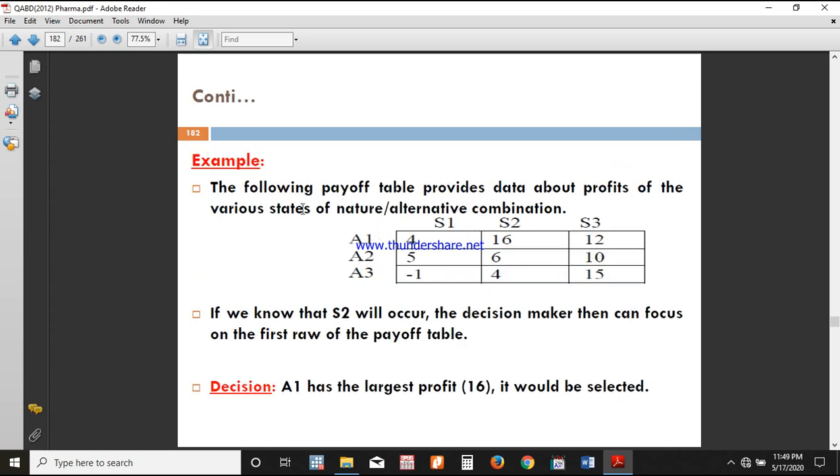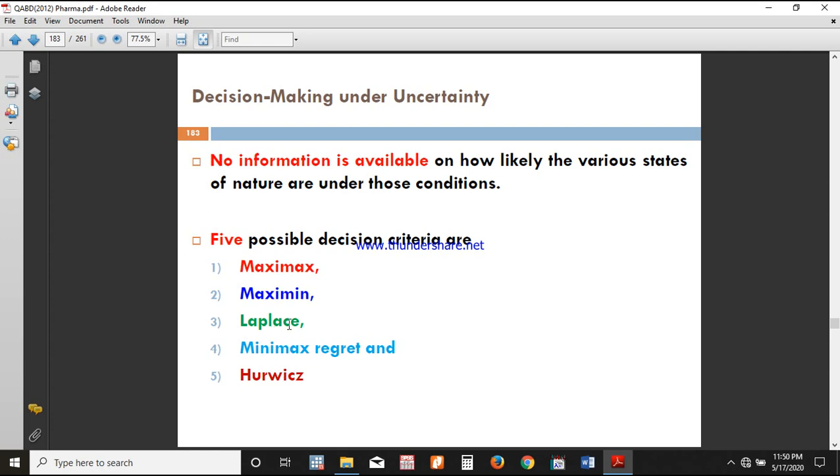Now the following table displays the 3 states of nature with different values, describing the revenue values, with these 3 alternatives. Under decision making, there are 5 basic possible criteria available: the Maximax, Maximin, Laplace, Minimax Regret, and the Hurwitz approach.